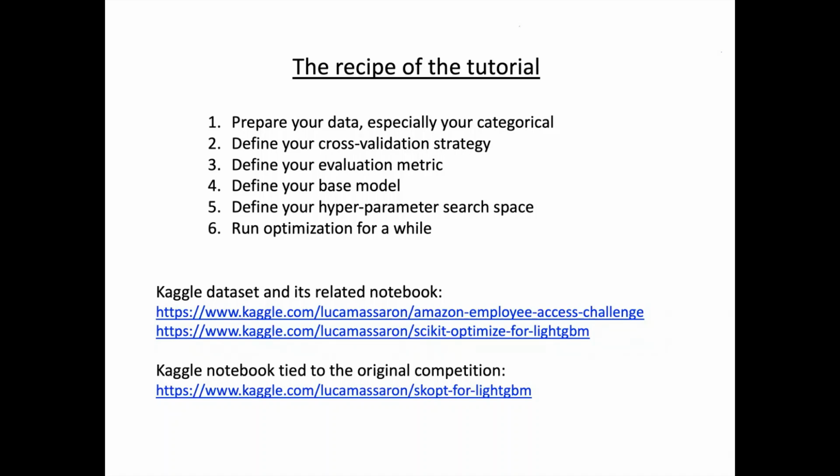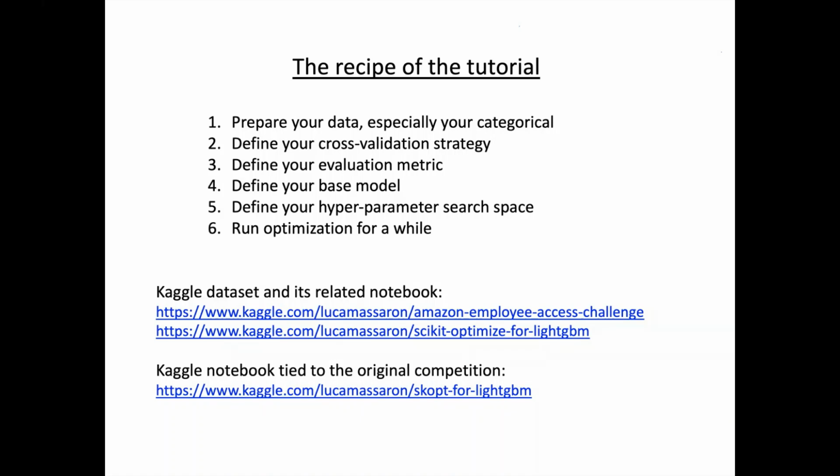Then the second point is related to defining your cross-validation strategy. The third step of the recipe regards defining your evaluation metric, so you have how to validate and actually how to measure your validation. Finally, you have to define your base model as a fourth step, and based on your model, define your hyperparameter search space.